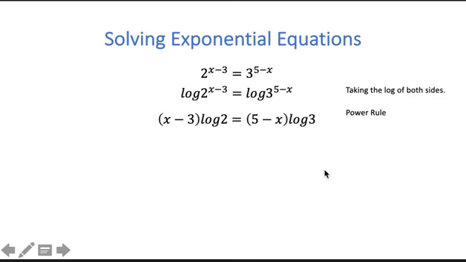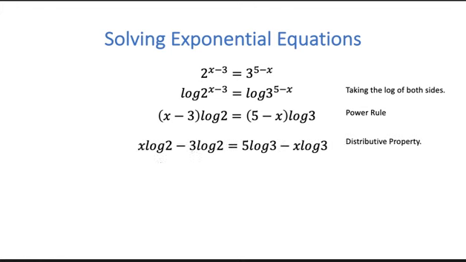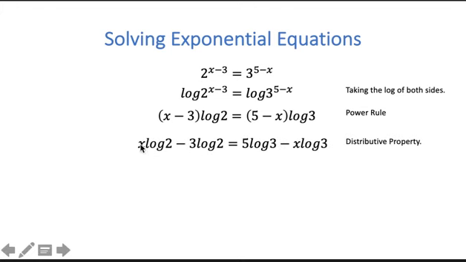And so what I'm going to do is distribute those logarithms. When I distribute them, I get x times the log of 2 minus 3 times the log of 2 is equal to 5 times the log of 3 minus x times the log of 3.